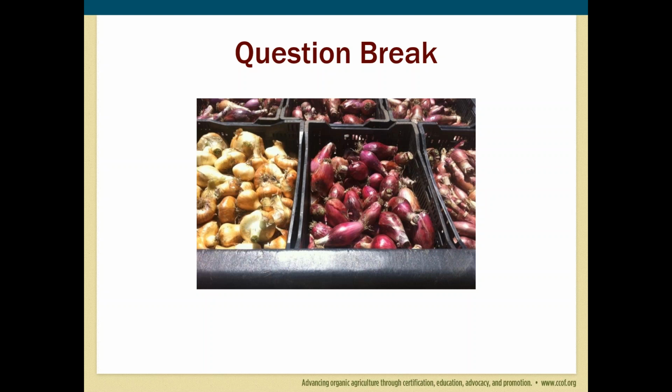Great. So we also had a couple more questions. Are aquaponic farmers eligible for certification? Yeah, aquaponics is eligible for organic certification, as you are probably considering.